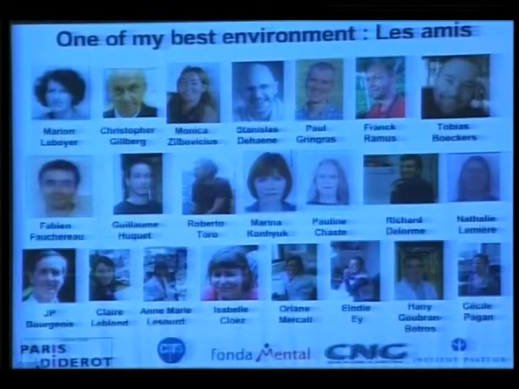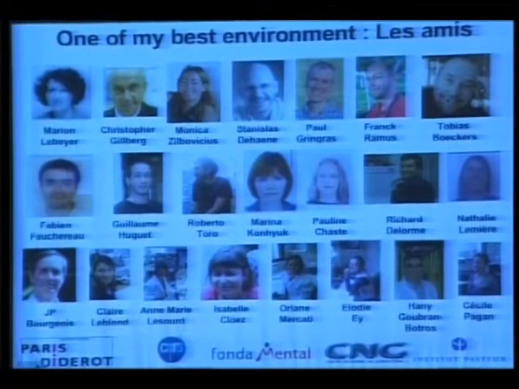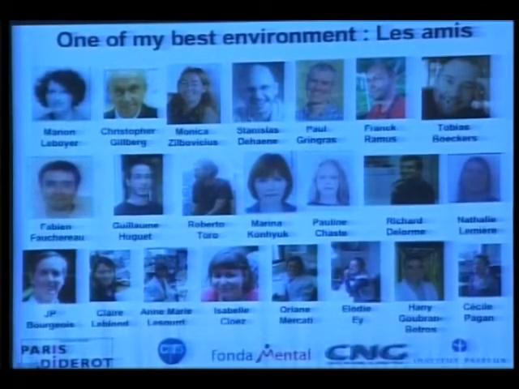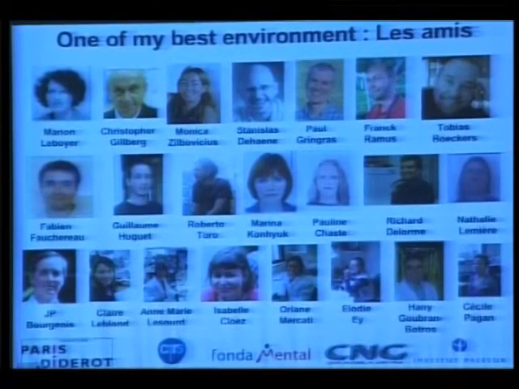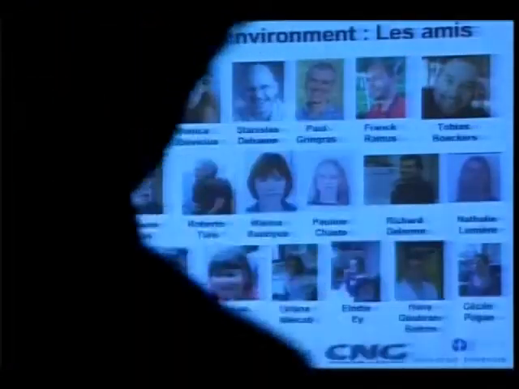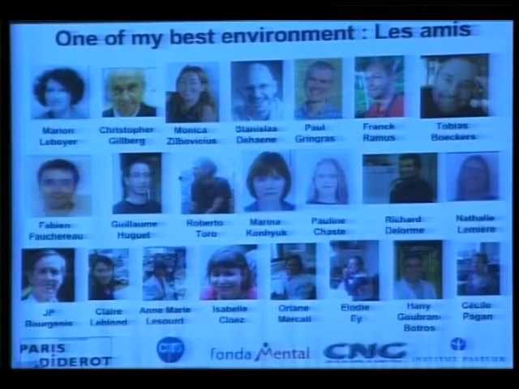Monica, Stanislas, brain imaging guys, Paul, the sleep guys, Frank, the language, Tobias, the guy who is working a lot on Shank2, Shank3, and is doing the mice. All these individuals in my lab are fantastic. And Roberto is a neuroanatomist who designed the SNP software, he was doing this on holiday on the beach because he's a neuroanatomist, but he likes genetics.